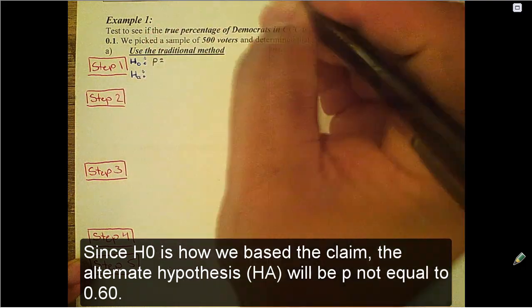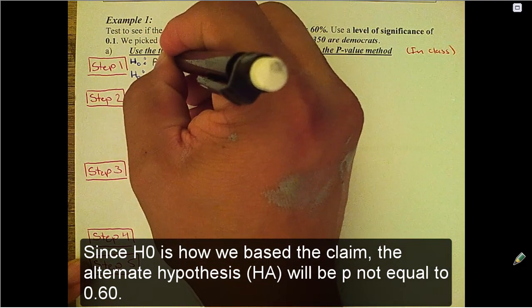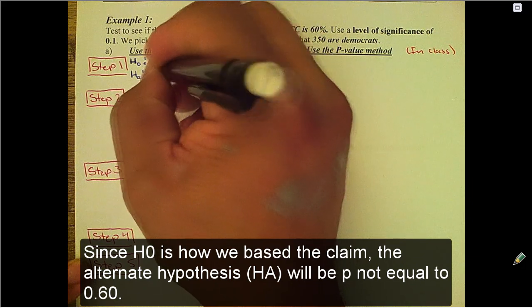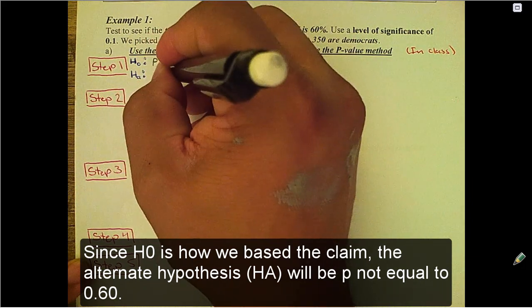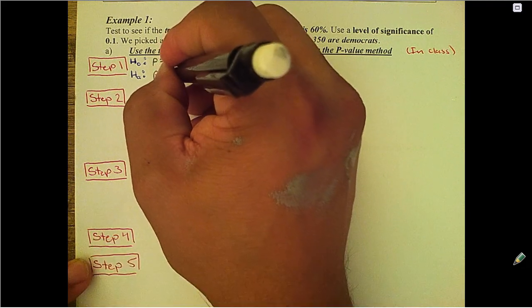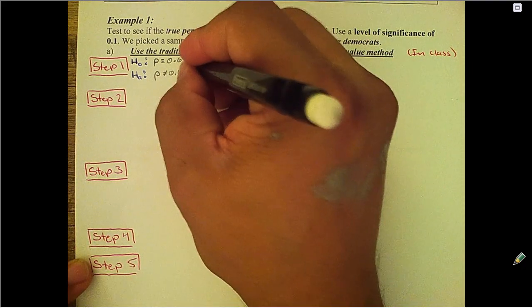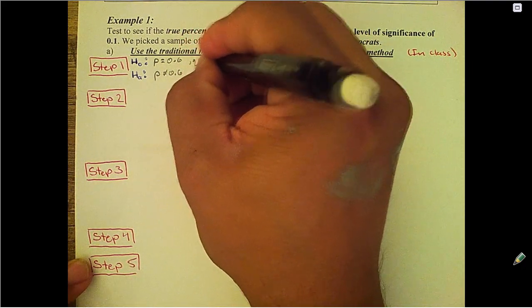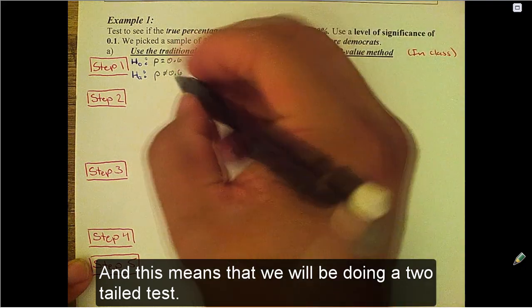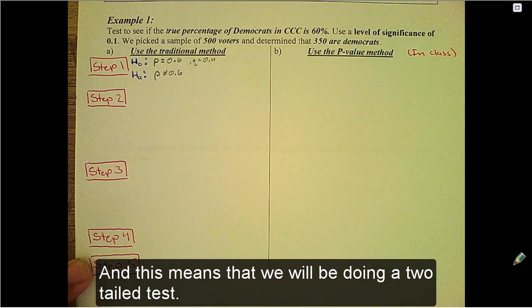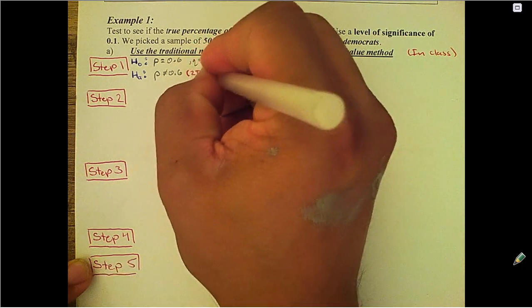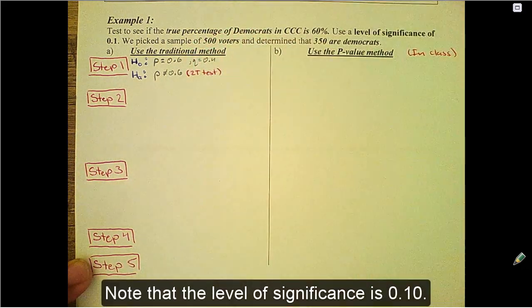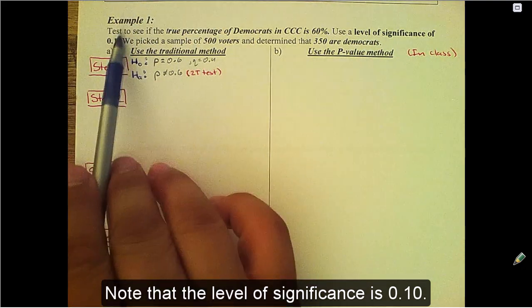Since H0 is how we base the claim, the alternate hypothesis, HA, will be P not equal to 0.60. And this means that we will be doing a two-tailed test. Note that the level of significance is 0.10.